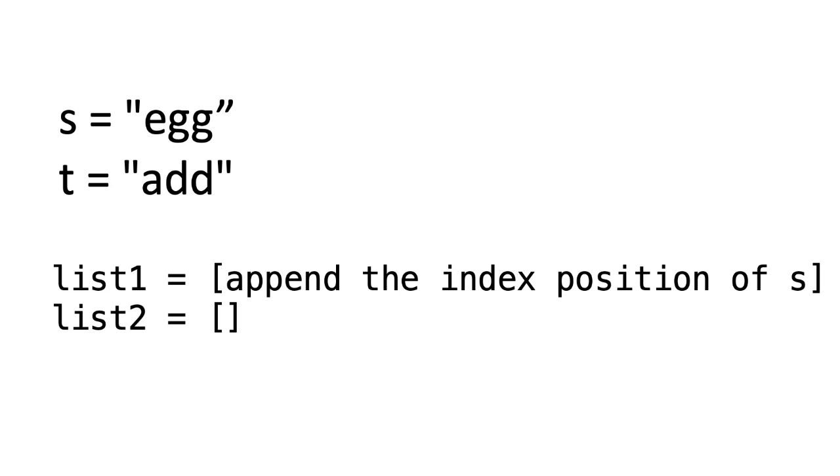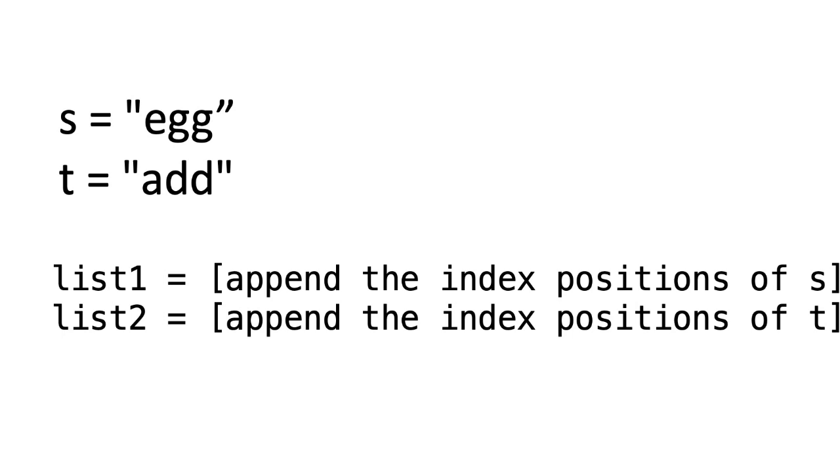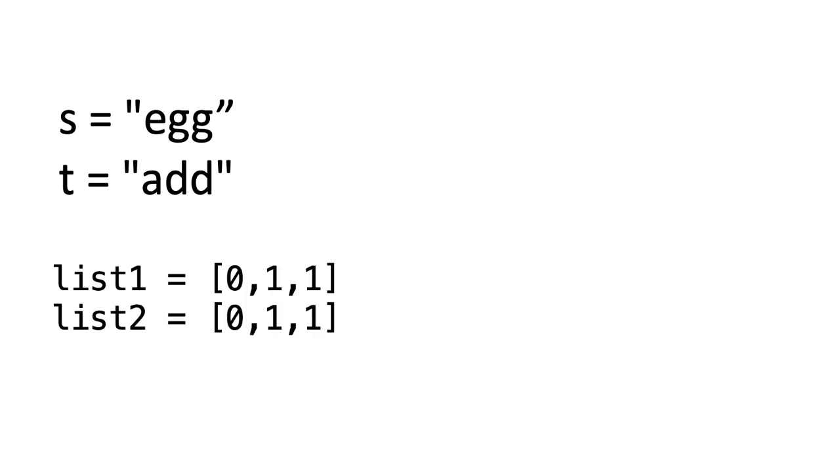In this solution also, we are going to take the same example, S equals egg and T equals add. First, we will declare two empty lists. In the first list, we will append the index position of S, and in the second list, we will append the index position of T. For this example, we will get the values as 0, 1 and 1.